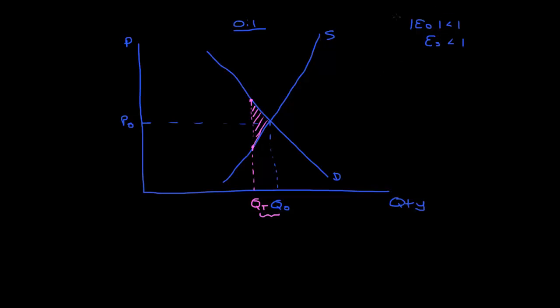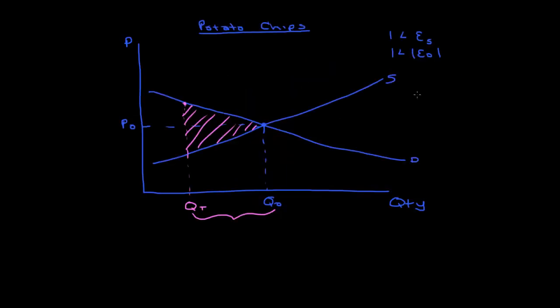So for example, even though both of these curves are fairly inelastic, if it were indeed the case that the price elasticity of demand is less than the price elasticity of supply, and both of those are less than 1, then the consumer would pay the larger proportion of the tax.